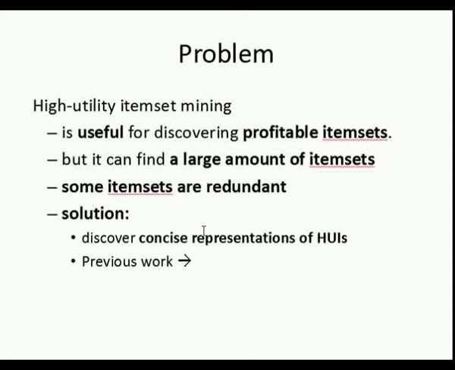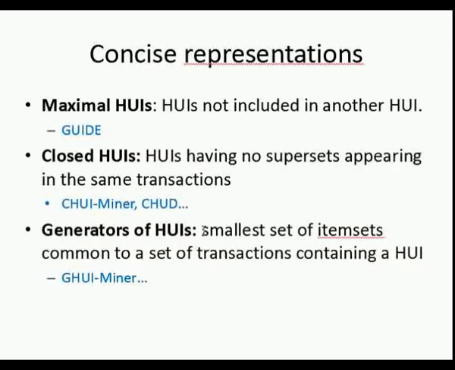So there has been some previous work on this topic. In other papers, some people have proposed to find the maximal high utility item sets, for example. That means high utility item sets that are not included in another high utility item set. So we try to find the largest ones, in other words.